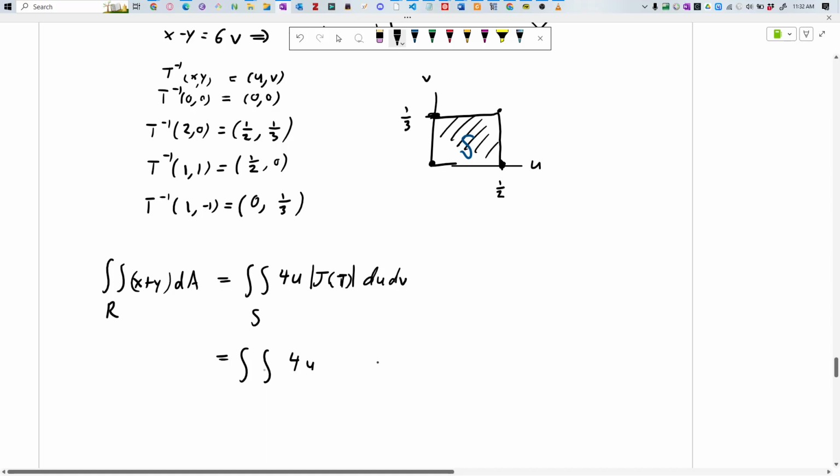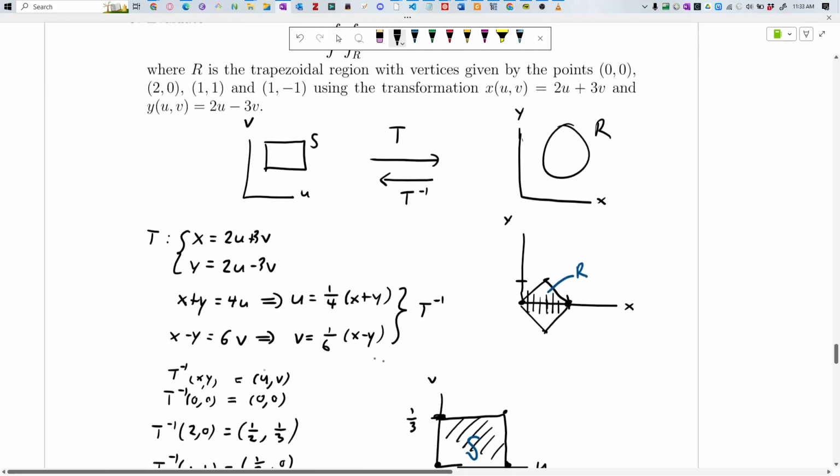I'm going to give myself some space for the Jacobian. So if I use this integration order, then du goes from 0 to a half, and dv goes from 0 to a third. We're just missing a little portion here that I'm going to compute off to the side now.